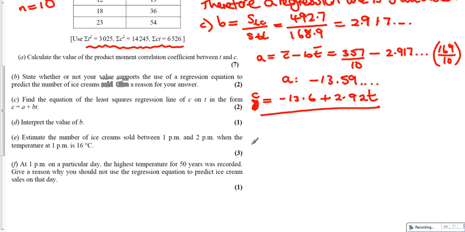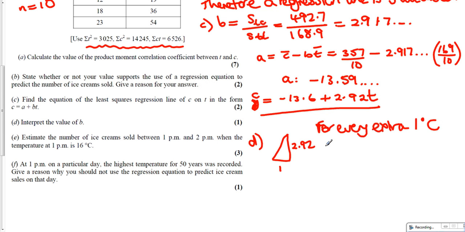Now it says interpret the value of B. B is the gradient. I always draw a little picture like this. So for every one along, we're going 2.92 up. That's this number here. So what does that mean? For every extra, now what is it in the x direction? Well, it's 1 degree of temperature. So for every extra 1 degree Celsius, what happens? Well, it goes up by 2.92.